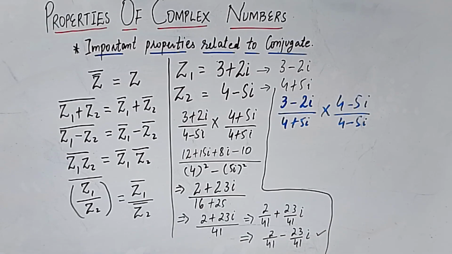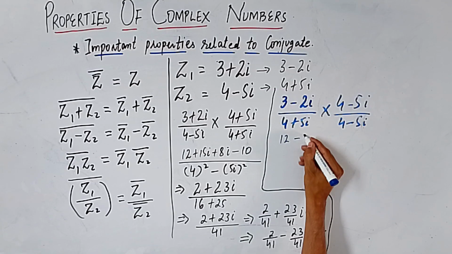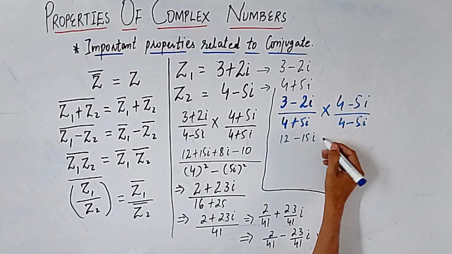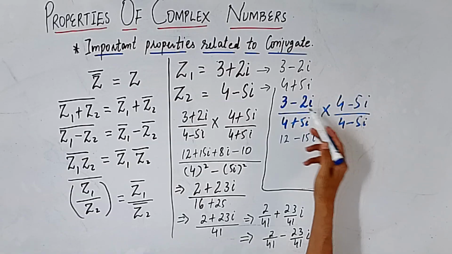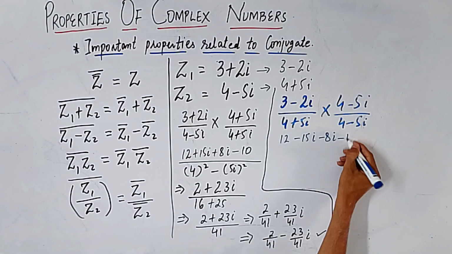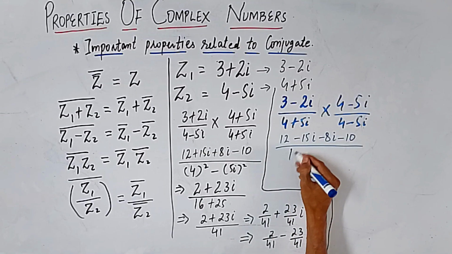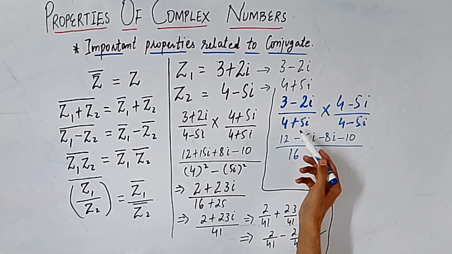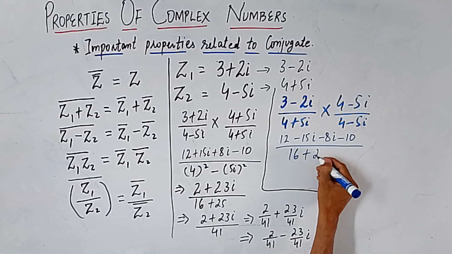So when you do it, what will you get? 3 4s are 12 minus 15 iota minus 8 iota, and 2 5s are 10, minus minus plus 10 iota square, so it will be minus 10 again. And in the denominator again you will get 16. 4 square is 16, and then 5 square is 25, so it will be plus 25.